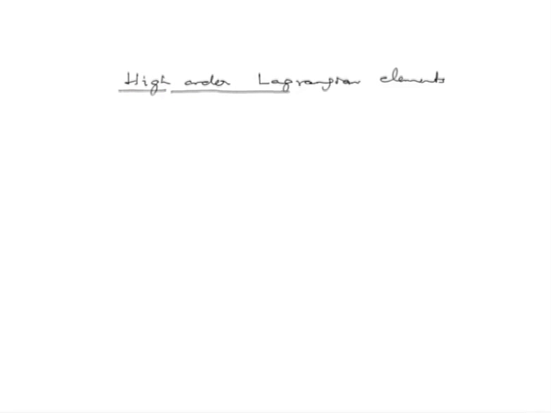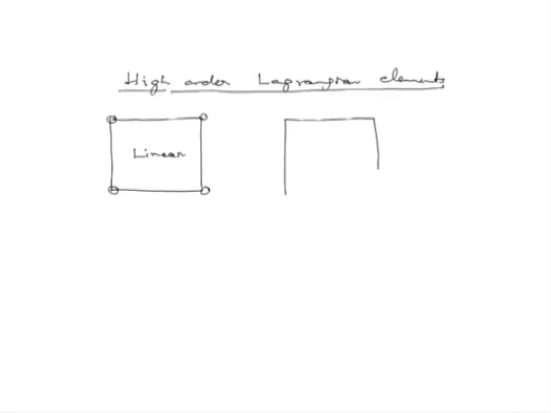I would just like to illustrate one point that relates to the placement of nodes. In the case of linear elements, we had 4 nodes at the 4 vertices. But if you take a quadratic rectangular element of Lagrangian type, we will have 3 nodes on each side, plus one node which coincides with the centroid.